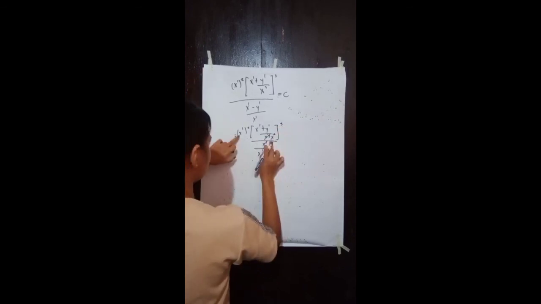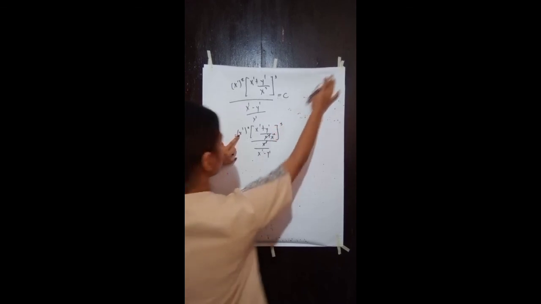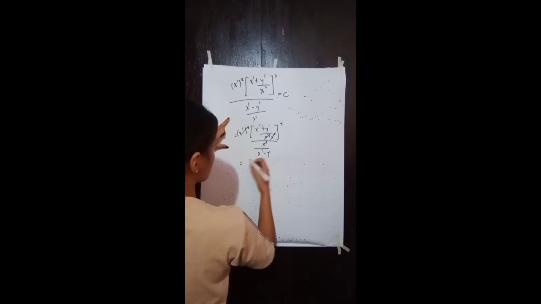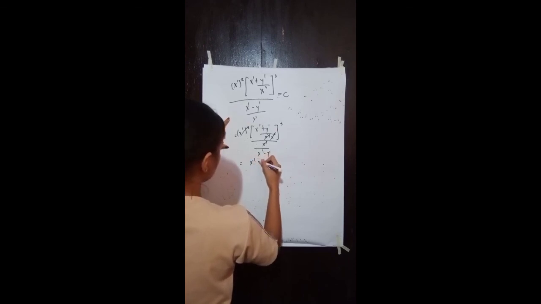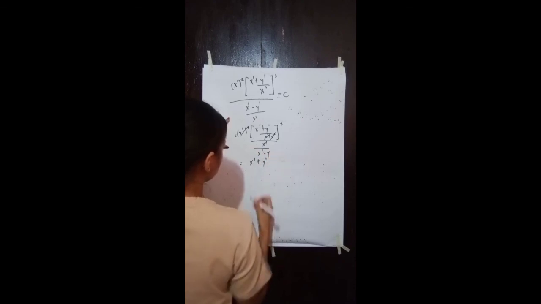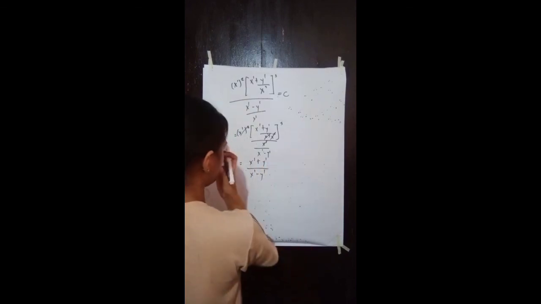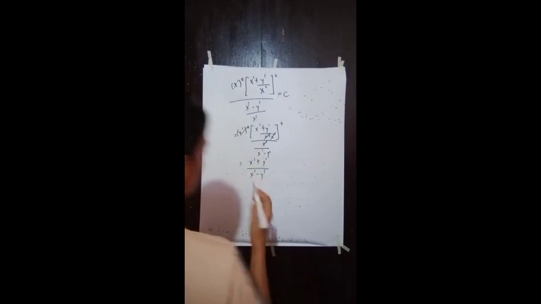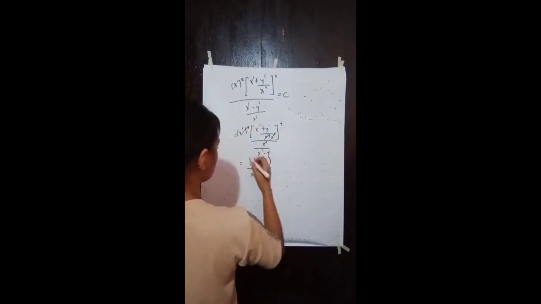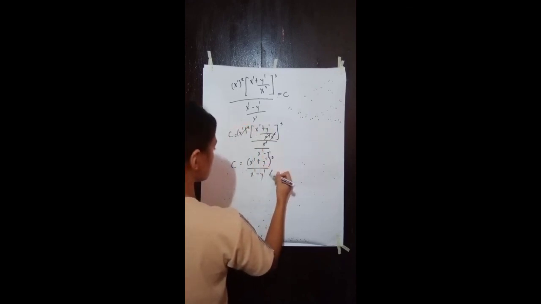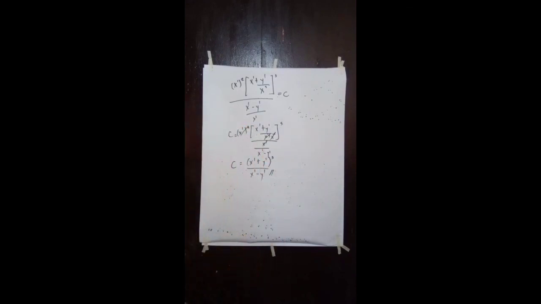So, ito yan. Same lang. So, cancel din natin. Ito. Yung matitira is x1 plus y prime over x minus y. So, ito ay maka-cube. C. So, yun yung value ng C.